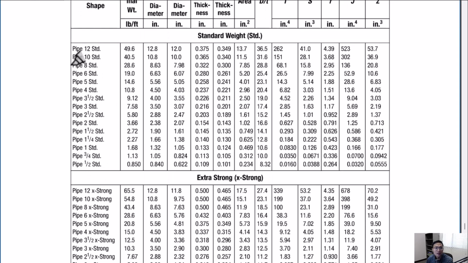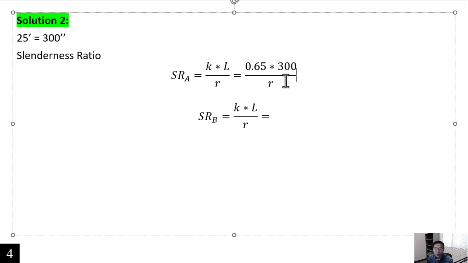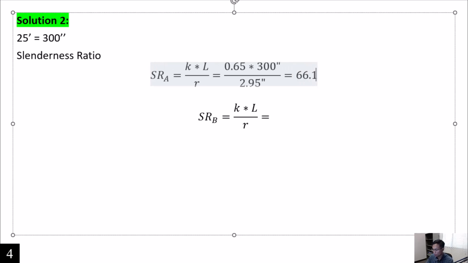Here is pipe number 8, and the r of that one, the radius of gyration, is 2.95 inches. So we have 0.65 multiplied by 300 divided by 2.95, which is around 66.1.